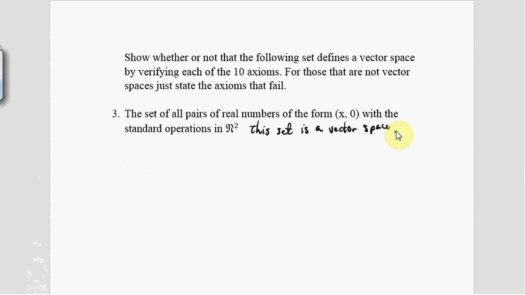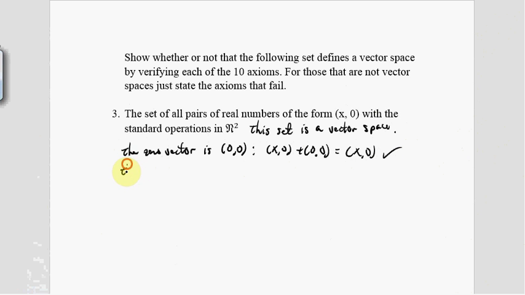And let me go ahead and just state the critical items. What's the 0? What's the negative? That kind of thing, right? So here, the 0 vector is, now it's okay if that first component is 0 for the 0 vector. The 0 vector is that because here x comma 0 plus 0 comma 0 is equal to x comma 0. Right?